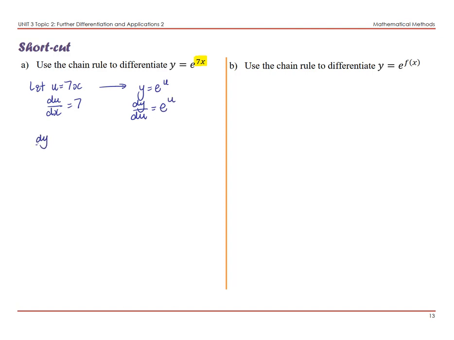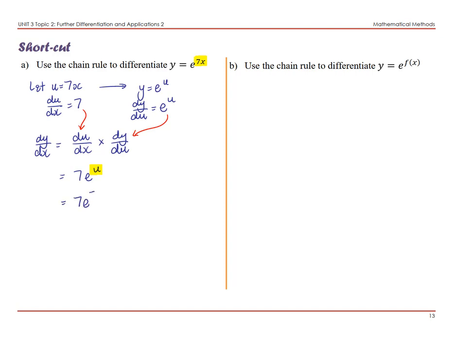On your formula sheet, dy/dx equals du/dx multiplied by dy/du. Substitute in the information. So we've got 7 e to the u, and then we need to just put u back in.